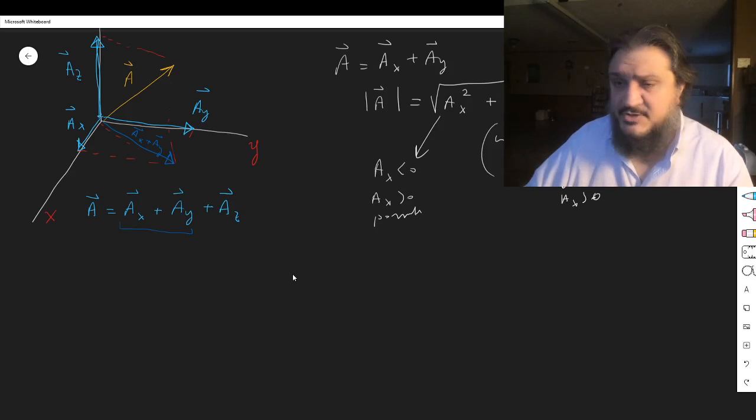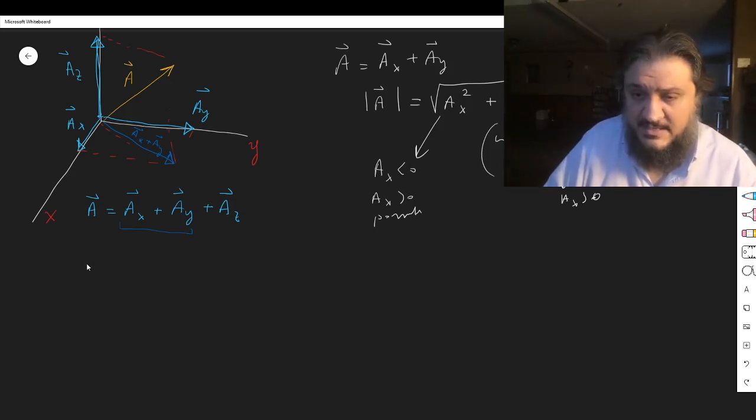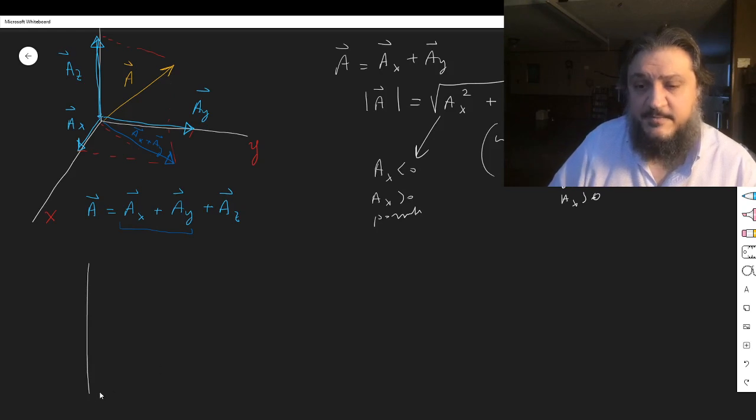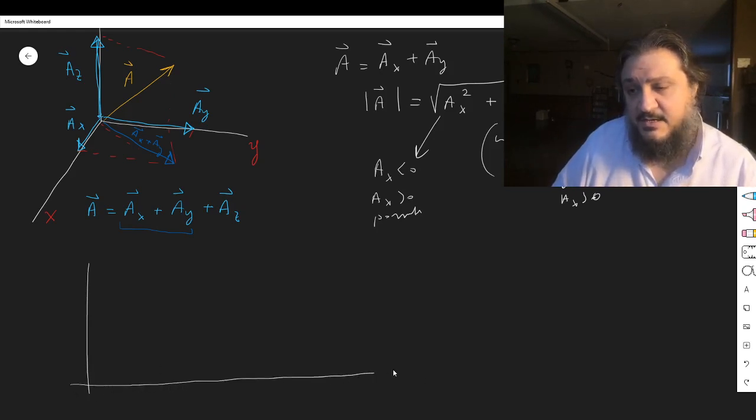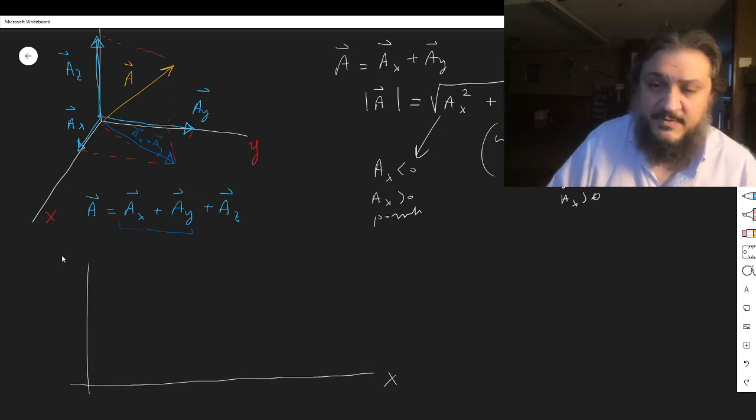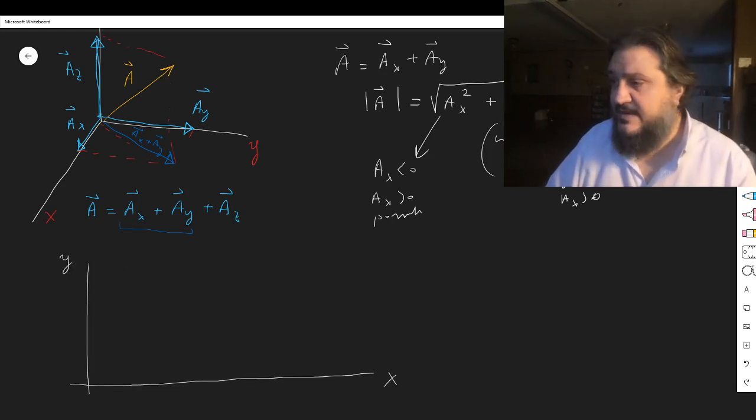Now let's go back to 2D again, because it's easier to draw things in 2 dimensions. Let's see how the addition rule we already know, meaning the graphical addition, works with the components. So let's take two vectors, A and B, and add them up.